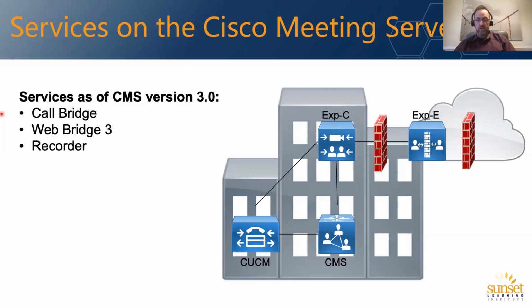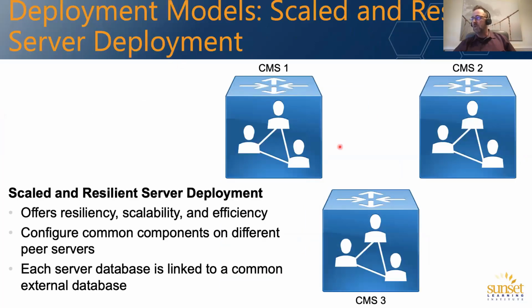But in a production environment, Cisco does recommend that call bridge service and recorder service, recording streaming service, be enabled on different call bridges. And that was why, let me back up again here, I recommended that if I was running call bridge on CMS 1 and CMS 2, that I'd probably want to put recorder service on CMS 3, right?